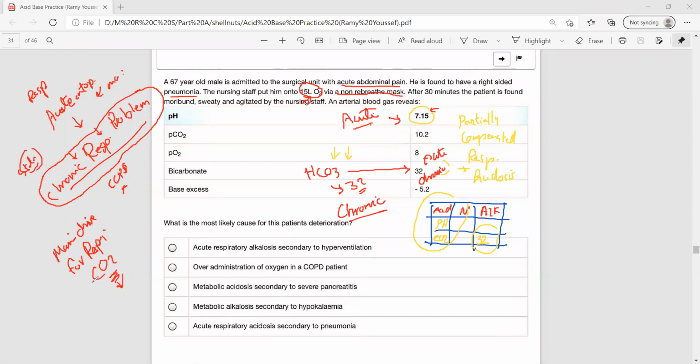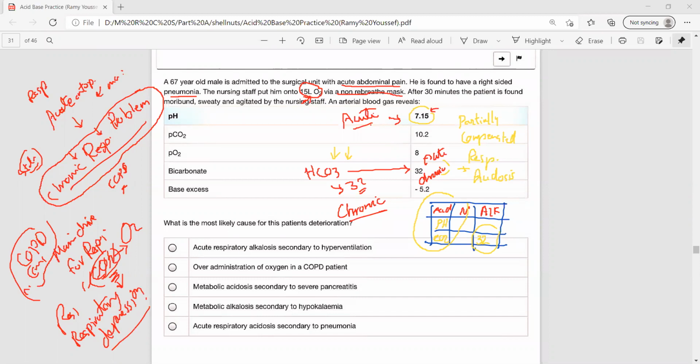Again, a patient with COPD or emphysema or any chronic respiratory condition, CO2 is the main drive for respiration, not O2. And if you abolish the CO2 drive, the patient can go into respiratory depression. This question is difficult, by the way.